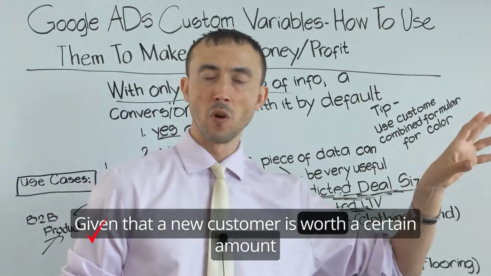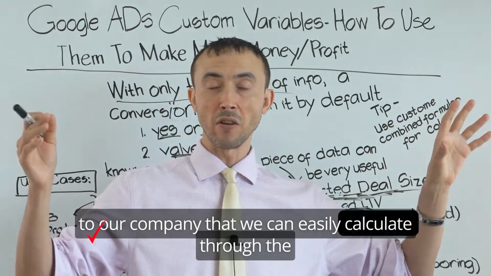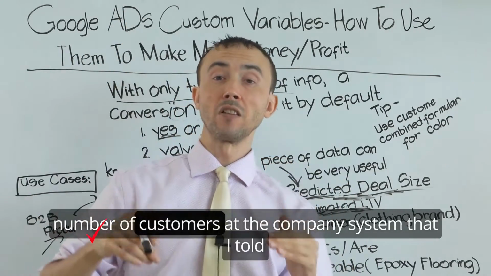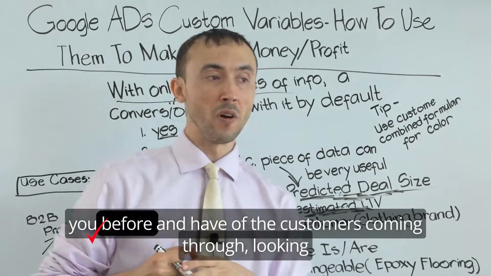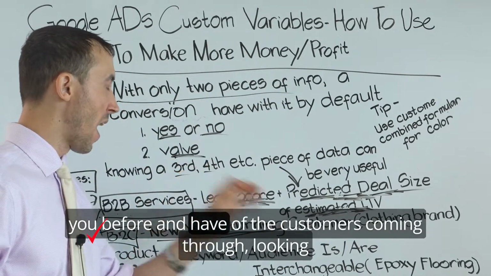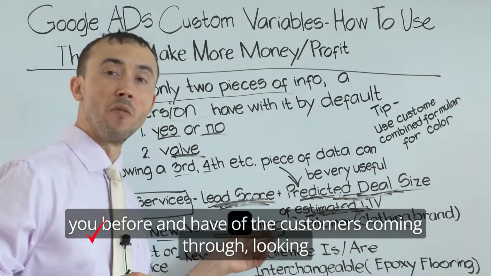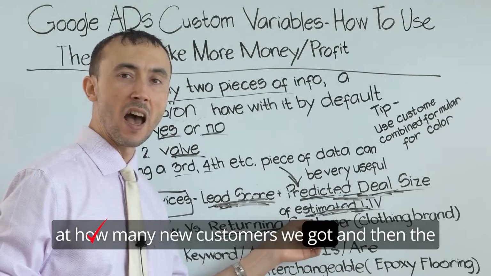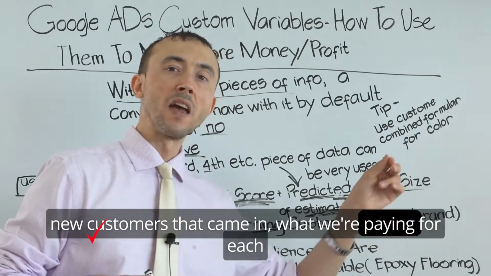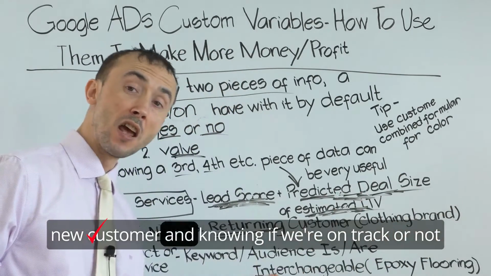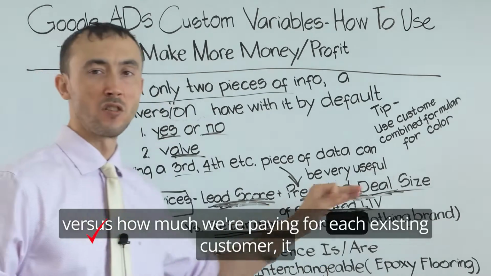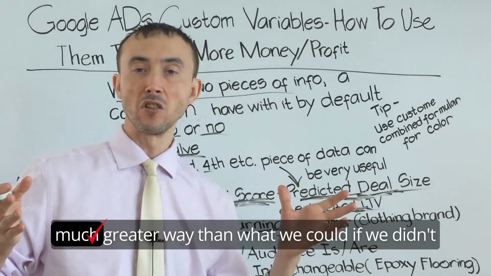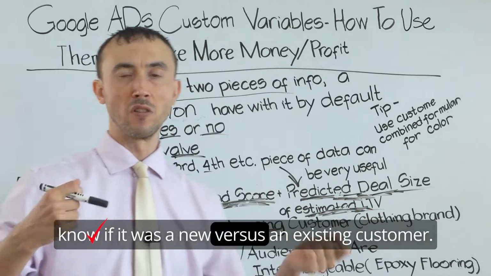Given that a new customer is worth a certain amount to our company that we can easily calculate through the system that I told you before, looking at how many new customers we got, what we're paying for each new customer, and knowing if we're on track or not versus how much we're paying for each existing customer, it gives us the ability to scale the campaigns in a much greater way than what we could if we didn't know if it was a new versus an existing customer.